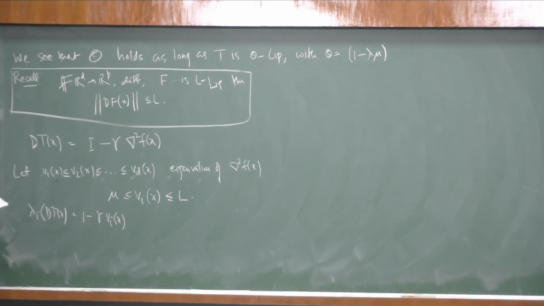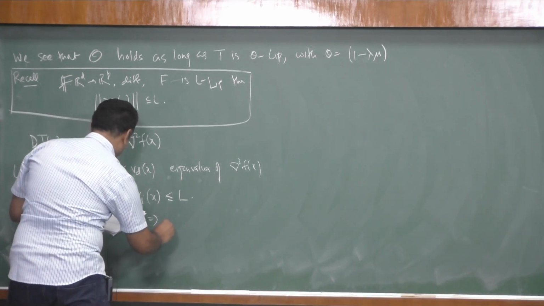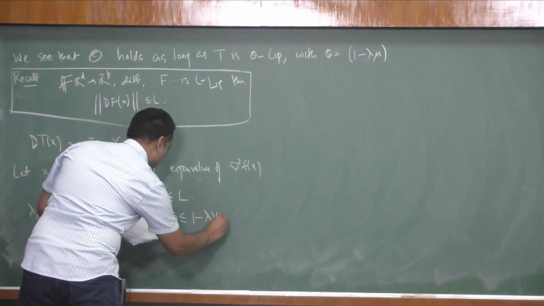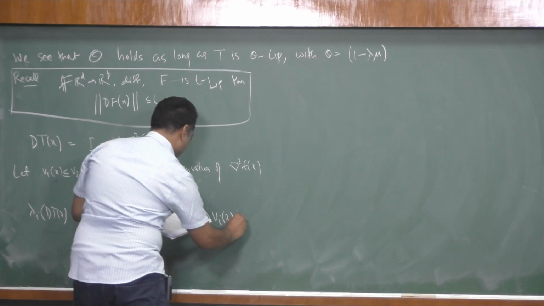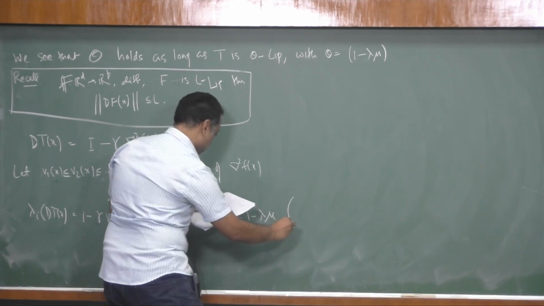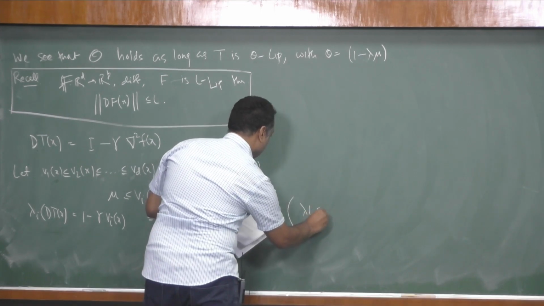Maybe we are lazy in the evening to do all this, but with this we have gamma vi lying between 0 and so on, so this implies 0 is less than or equal to 1 minus gamma vi(x), and this is less than or equal to 1 minus gamma mu, and we have also assumed that gamma L is less than or equal to 1.